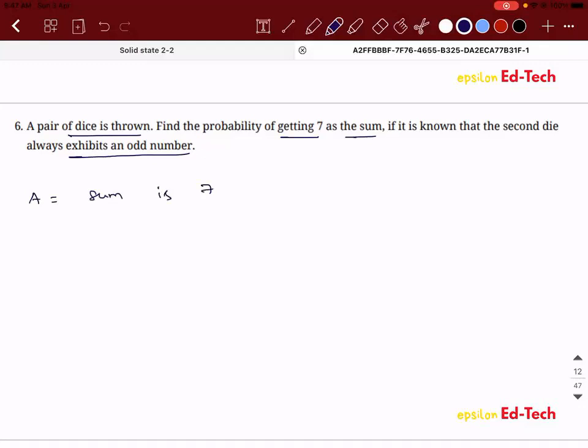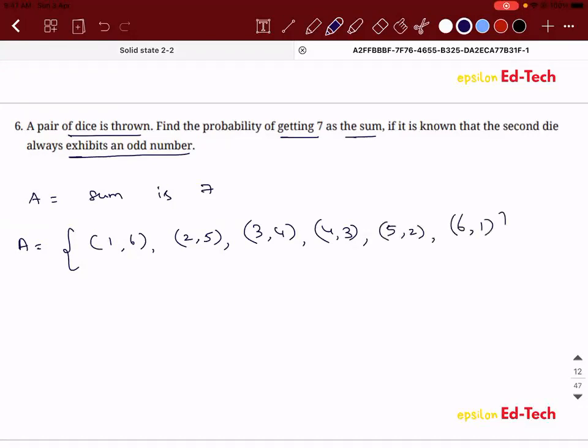So sum is 7 means what will be the value of A? 1, 6, 2, 5, 3, 4, 4, 3, 5, 2, and 6, 1. It's just the reverse order, right? So total number of elements in A is how much? 1, 2, 3, 4, 5, 6, right?